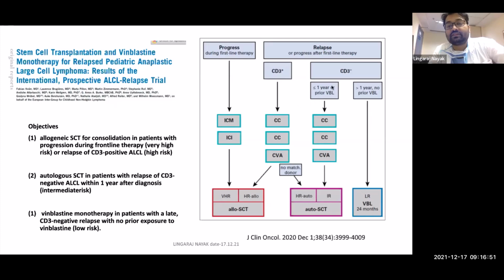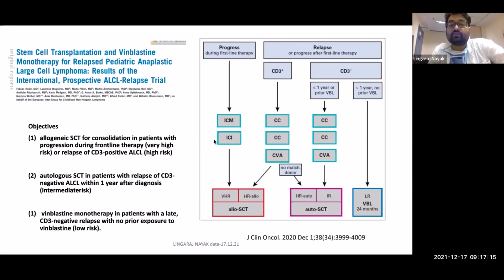And those who are CD30 negative but relapsed within 1 year also come to the intermediate group. Those who relapsed after 1 year are low risk. So low risk is those who relapsed after 1 year of their previous therapy, and those who are CD30 negative and didn't receive prior vinblastine. If you remember, ALCL99 had one arm testing vinblastine in the intensive protocol.